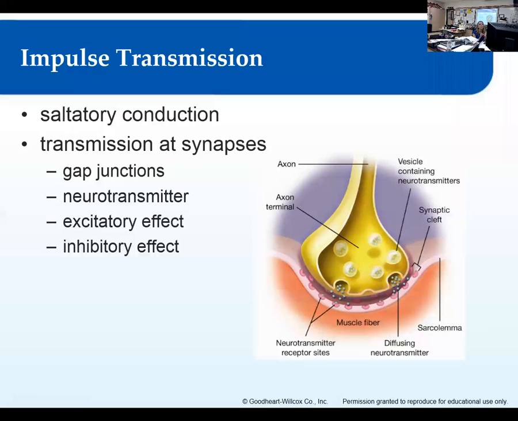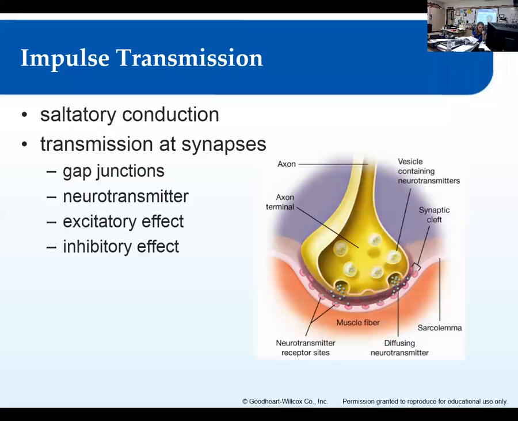An example of an inhibitory effect of transmission is endorphins. When we start undergoing pain, our body creates endorphins, and those endorphins try to inhibit pain. You've probably all heard that when you exercise, you have endorphins, and endorphins make you happy. Endorphins help to inhibit pain, so that's an inhibitory effect.